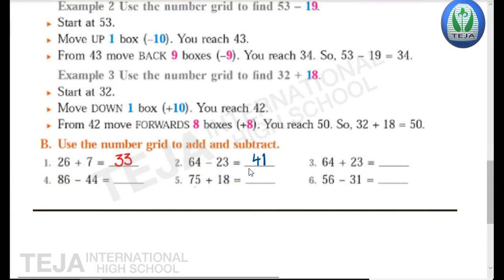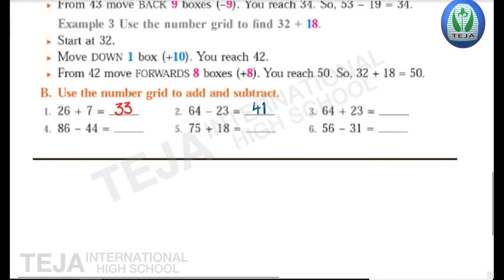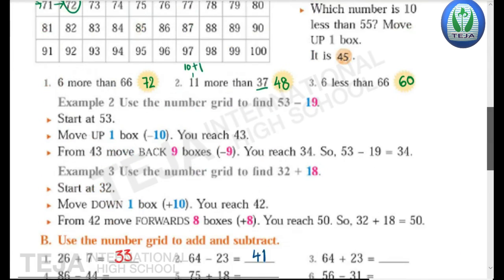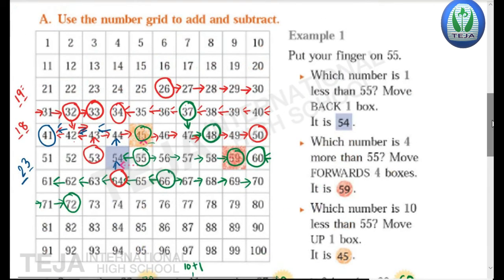Now next is third question. 64 plus 23. So the bigger number is 64. For 64 we have to add 23. So addition means what do we have to do? You have to move down. Here 23 means 2 is there in tens place. So move down 2 boxes.